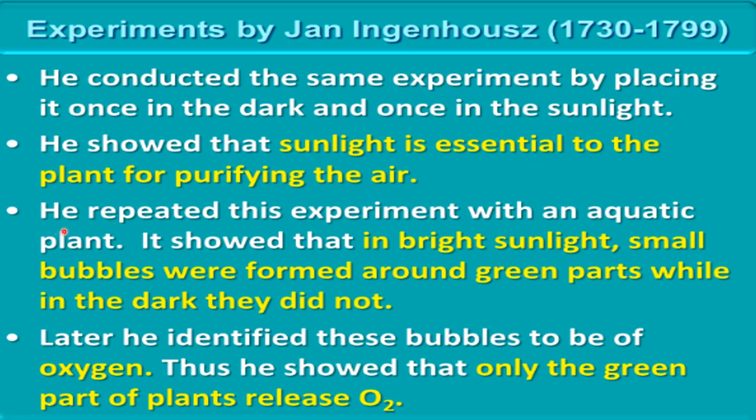He repeated this experiment with an aquatic plant also. He took one aquatic plant in place of the mint plant, and it showed that in bright sunlight small bubbles were formed around green parts of the plant, while in the dark they did not. Later he identified these bubbles to be of oxygen.